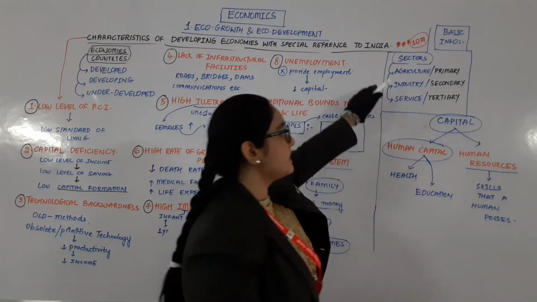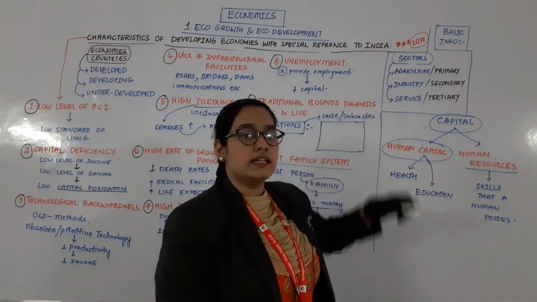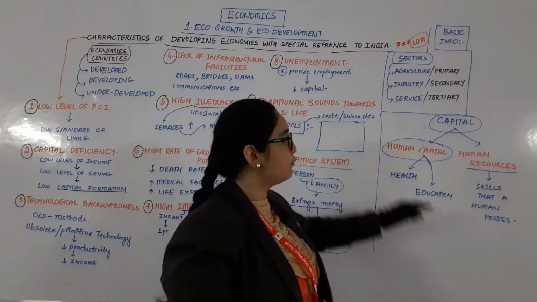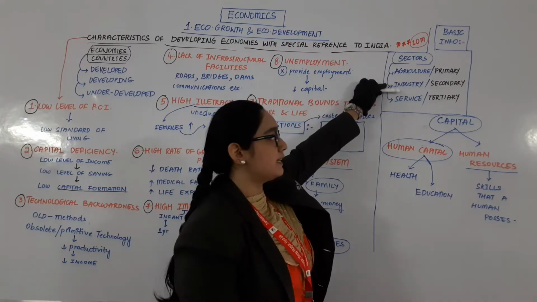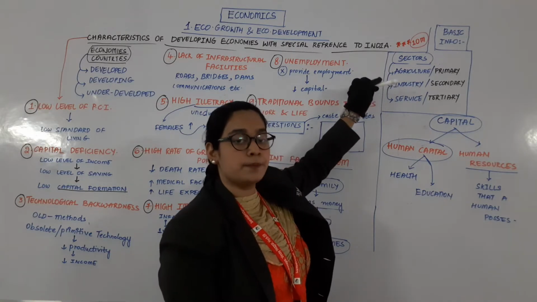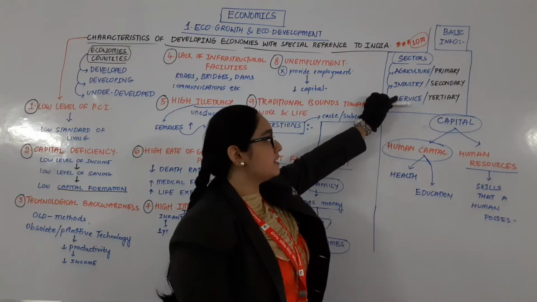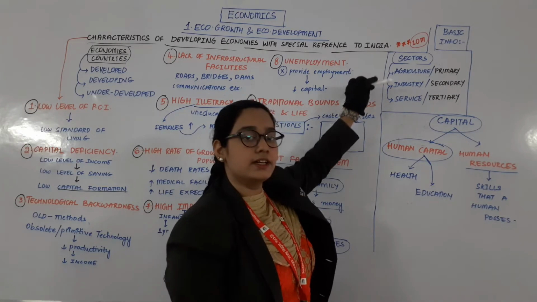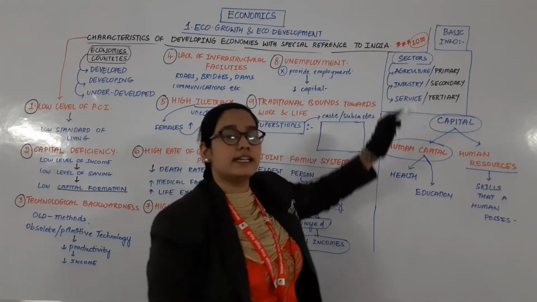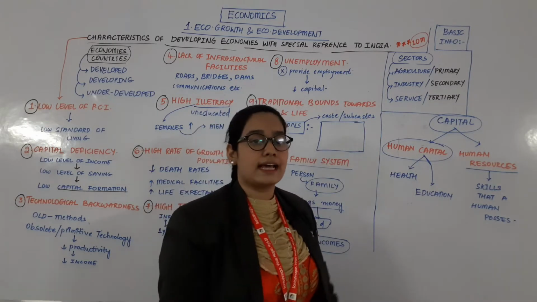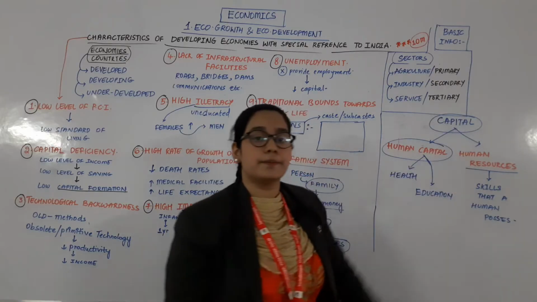There are three sectors in the economy. The first one is the agriculture sector, the second is the industrial sector, and the third is the service sector. Agriculture sector is also called the primary sector.